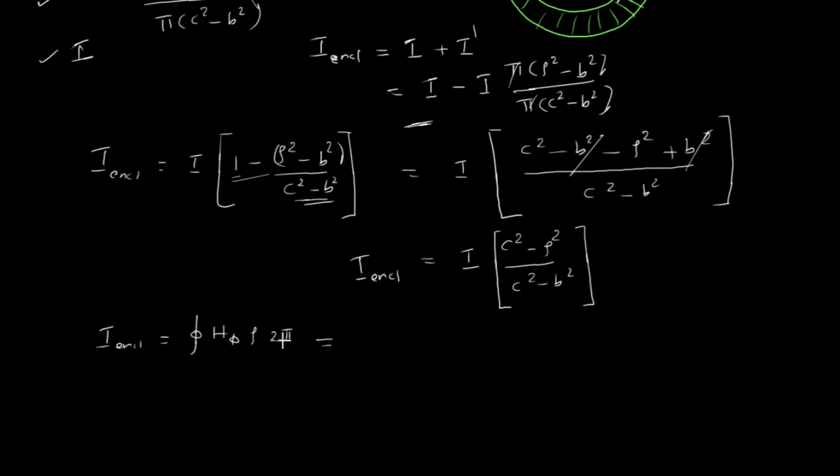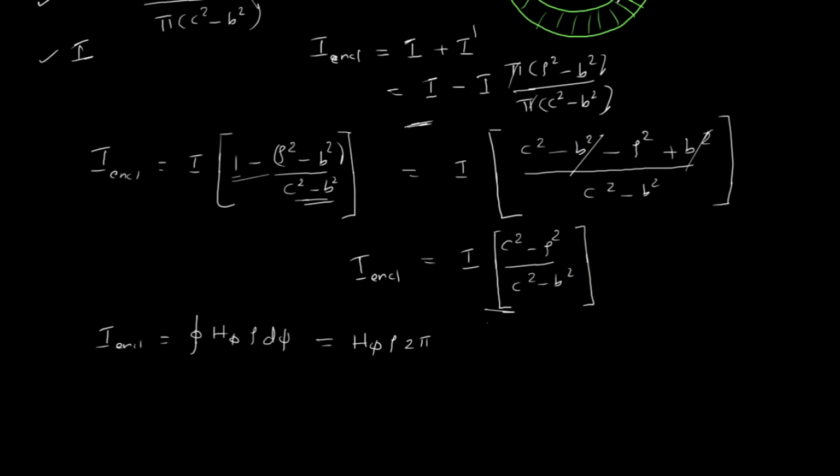Sorry for that, it is h phi rho d phi, and after integrating I get h phi rho 2 pi, correct? So I enclosed is h phi rho 2 pi.